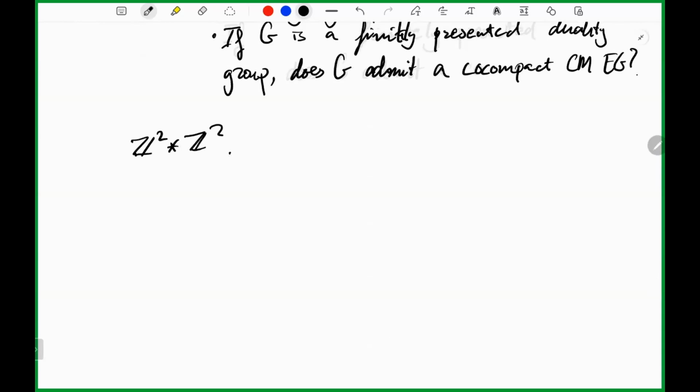Yeah, just compute the homology of the wedge of two tori, and you'll see that there's homology in degree 2. Also, anything with torsion will not be one, like Z mod 2. But it's also good to point out that any finite group will have an infinite-dimensional classifying space, so it has no chance of having this kind of duality.